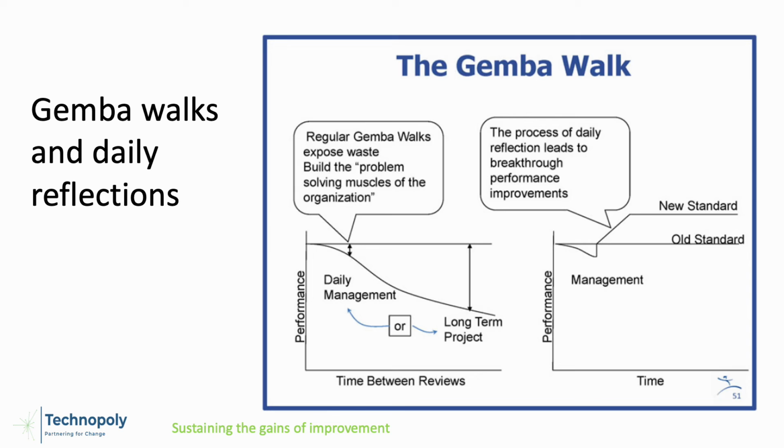In terms of daily reflection, this becomes the process by which our people reflect on the questions generated during the Gemba walk. They will now think about how they can go beyond the old standard or practices and go to a new standard in order to find better performances, or perhaps achieve a breakthrough performance.